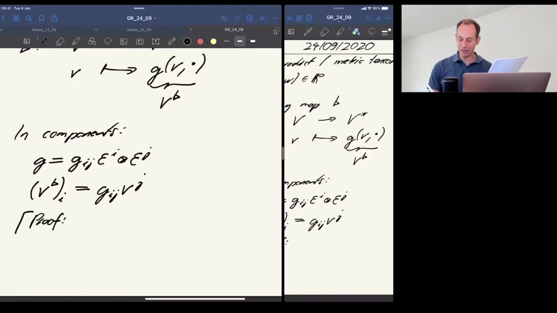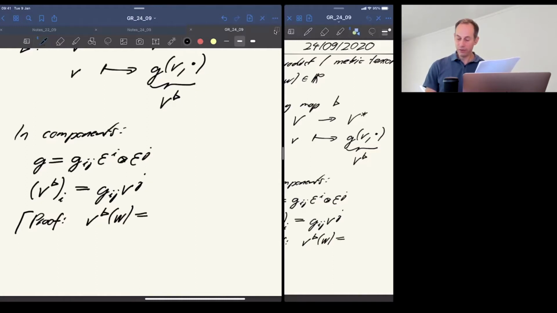Maybe it's almost a bit exaggerated to call this a proof, but it is a very little calculation. So the trick here is always, if you want to understand what a vector of the dual space does, like this V♭, then you should just apply it to a vector, because that's what the dual vector does. It eats vectors. So you just input to it the vector W and see what happens.